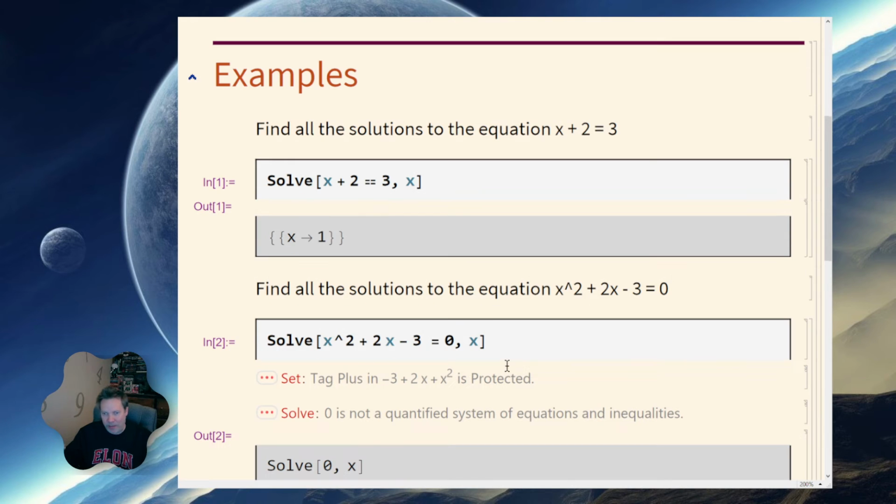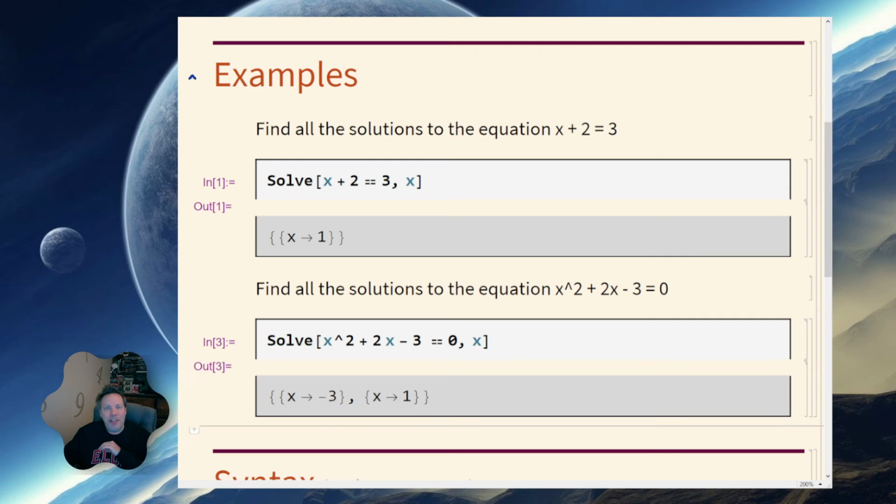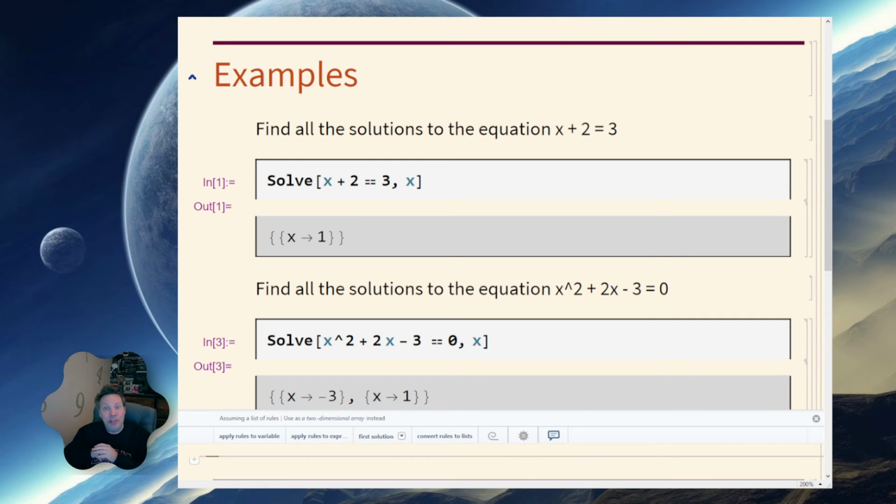Now, if I do a Shift Enter here, it gives me some type of error. So it says something about a tag Plus being protected. That tells us that, well, to me, I've seen this so many times that it has to be replaced with a double equal sign. If I replace it with the double equal sign and I do a Shift Enter again, I get my two solutions. x equals -3 and x equals 1.